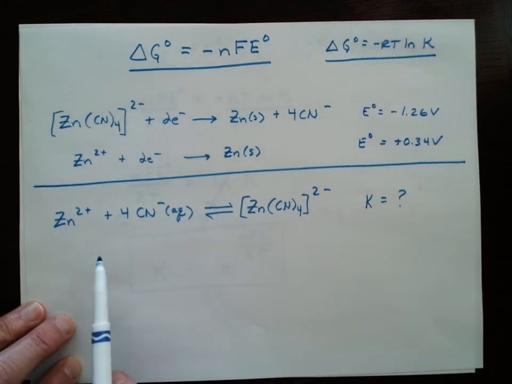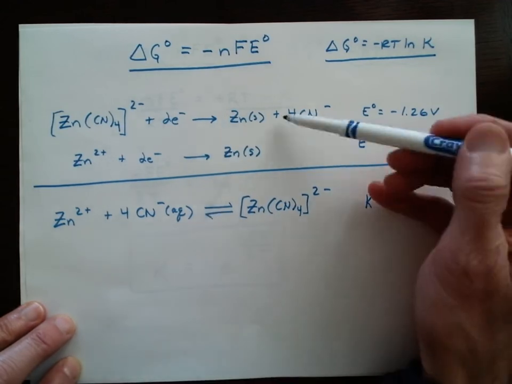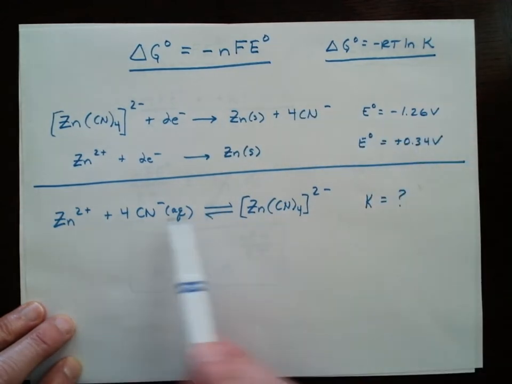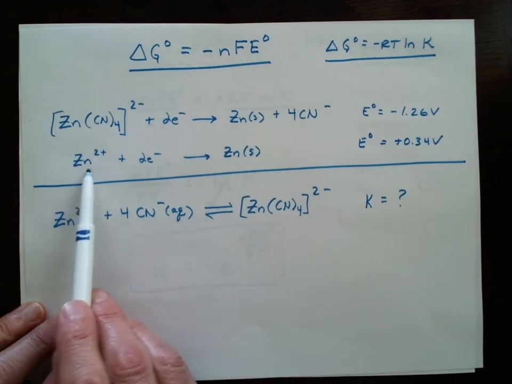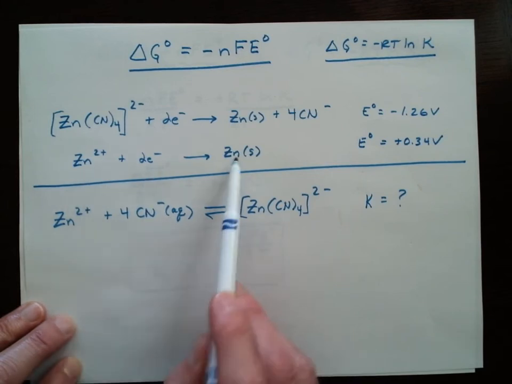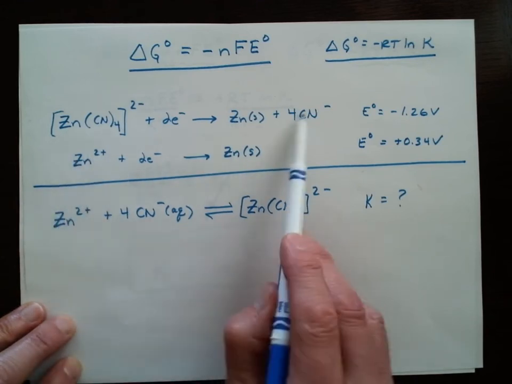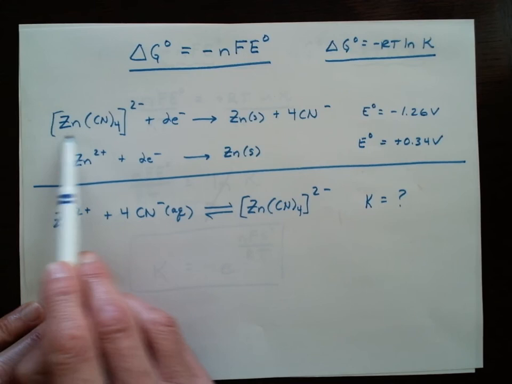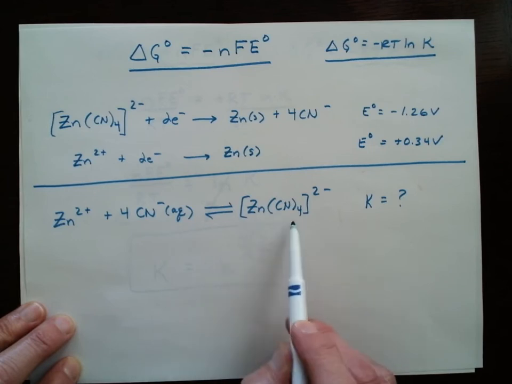I'm going to look at the two equations that I have and see if I can combine these to give me this overall equation. I notice that I have dissolved zinc on the reactant side in this half reaction, and I see dissolved zinc on this side in this half reaction. In this half reaction, I see the zinc complex on the reactant side, and I see the identical zinc complex on the product side.